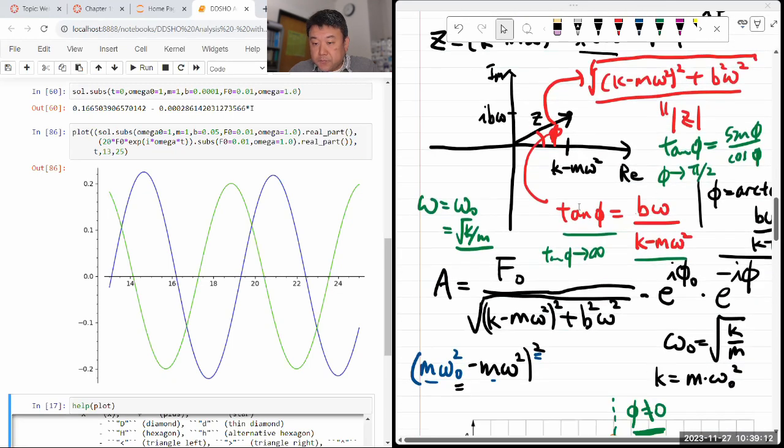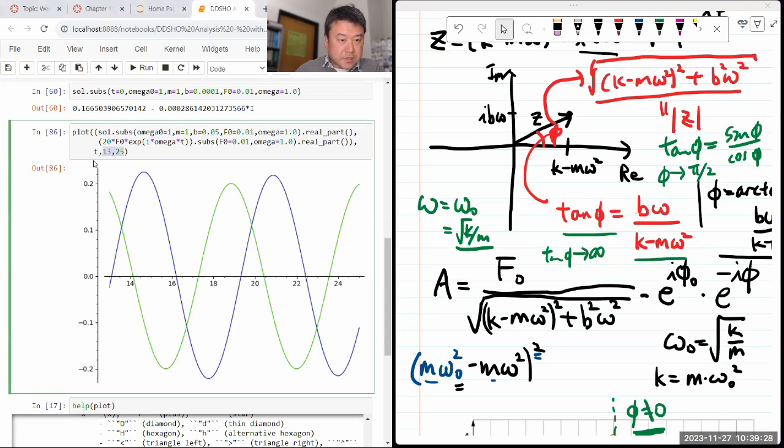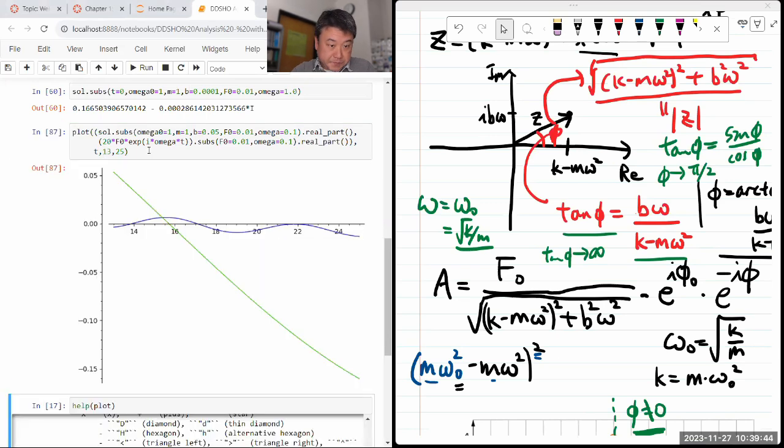If this formula for tangent phi is correct, then as omega goes to 0, tangent phi should go to 0. So at very small, oh wait, I do have to keep changing this. If my driving frequency is really small, like 0.1, then the response x of t and the driving force should be more or less in sync.